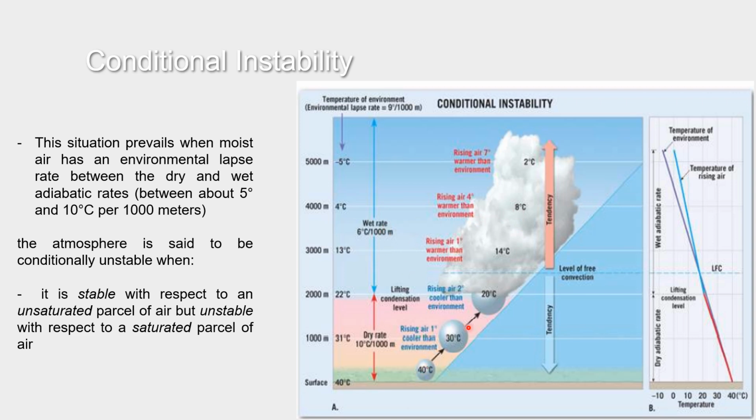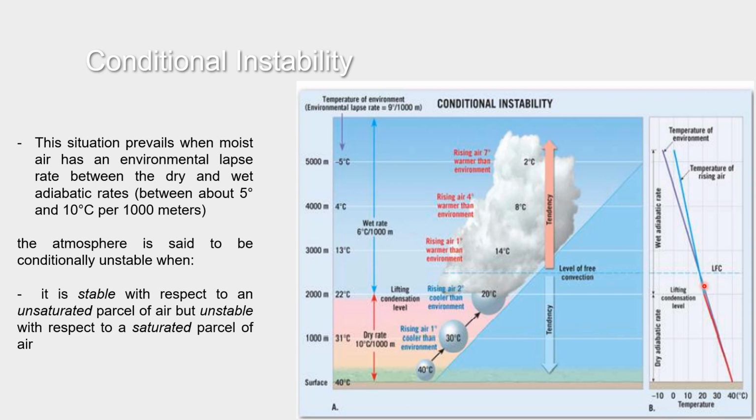That's why from here it's cooler, and then as it reached this level of free convection, it releases latent heat, and then it becomes warmer.